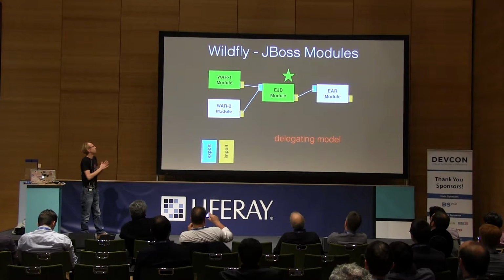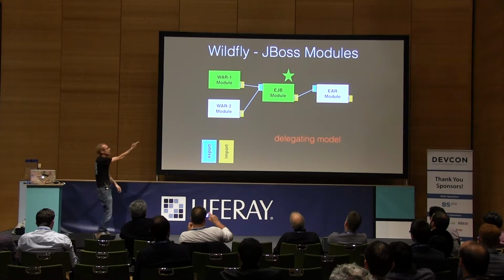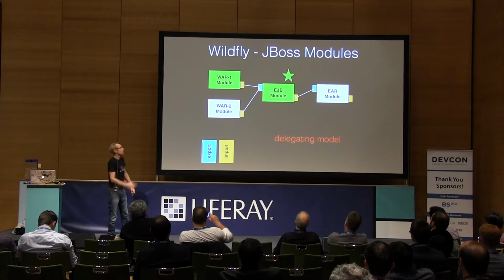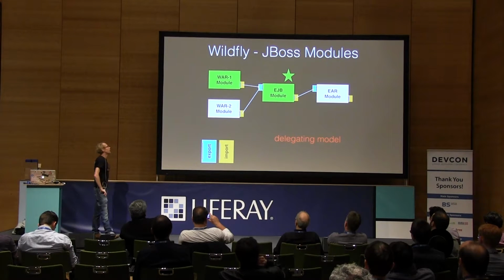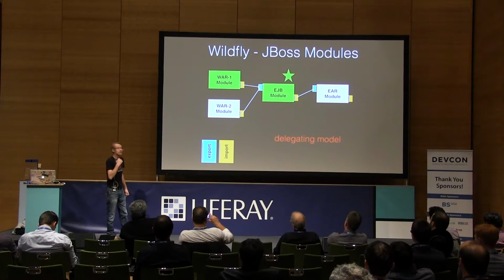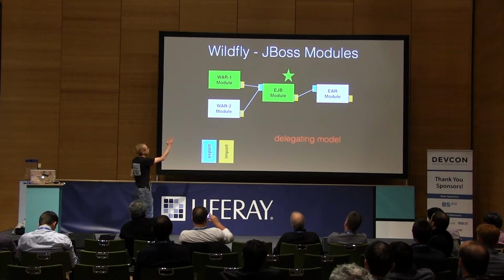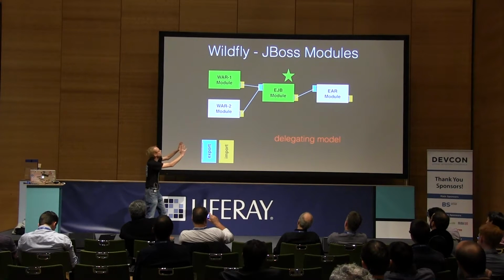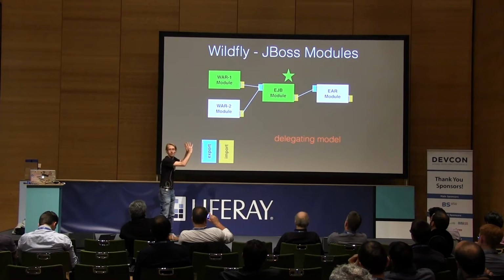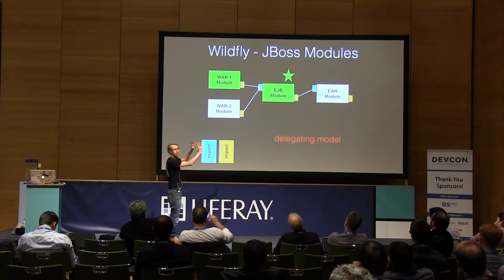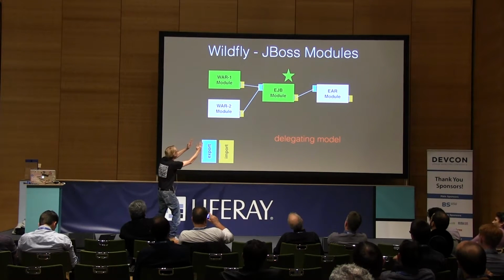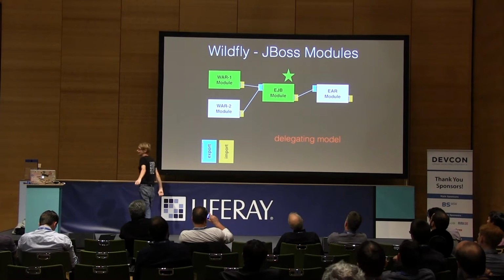So now you could say, hey, what about the ERR module? Why isn't the ERR module called to be asked for the class? Using OSGi, you could say, okay, I'm going to re-export the dependency the EJB module has to the ERR module, and then the EJB module is allowed to re-export it.